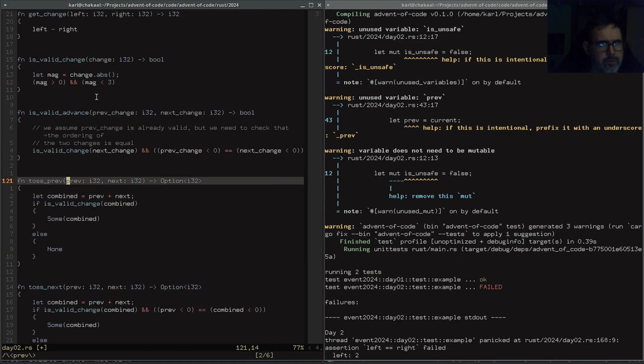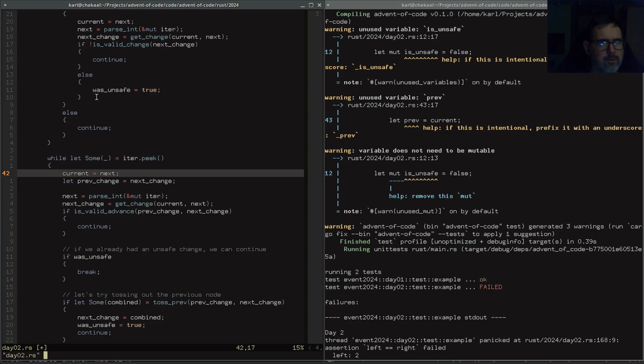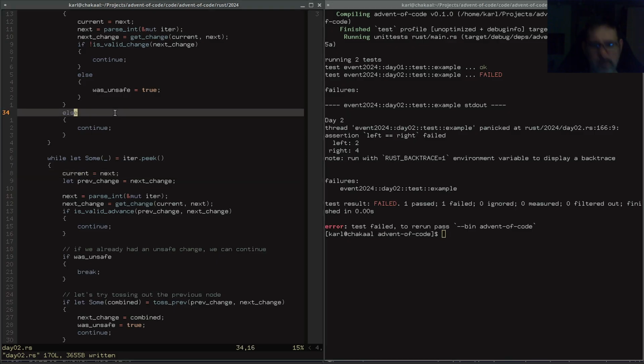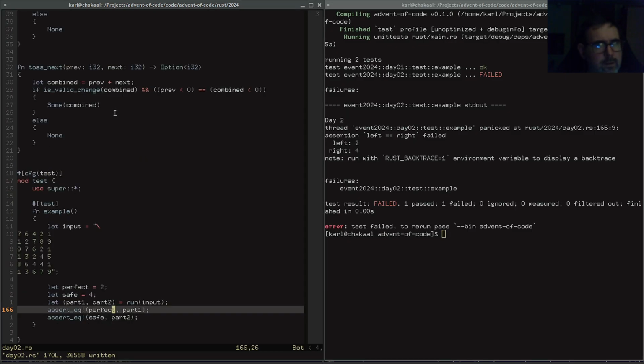Oh, really? We're not using previous? I feel like that's, so left equals right failed. So where did that fail? We're no longer passing part one. All right.